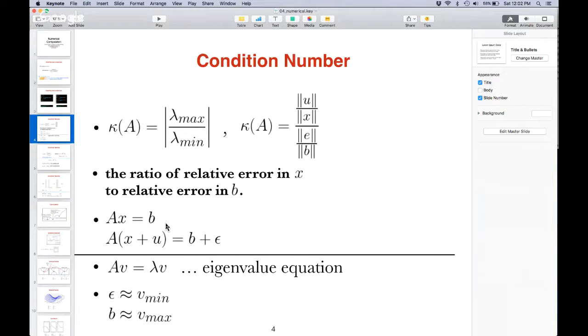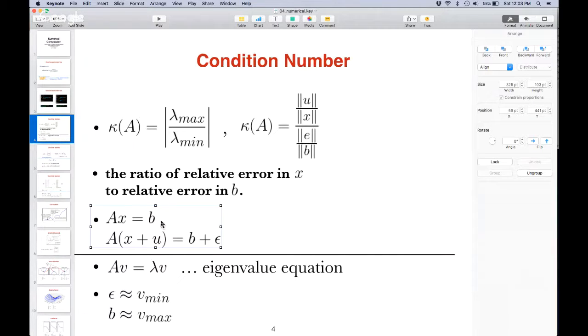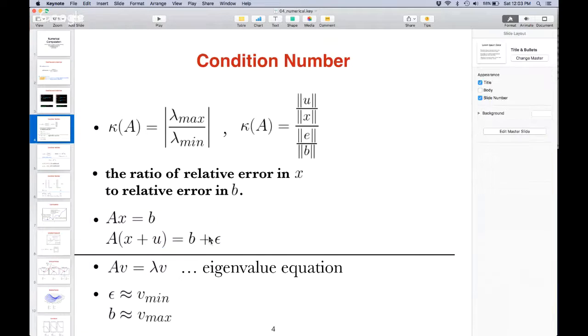So for the perfect case, you have Ax equals b, and x is the solution to b. But you will never be able to get b with 100% accuracy. You will always have this epsilon. And how is this epsilon going to transfer into your unknown solution vector? This is what you care about, and you want to have an estimate of this error that's going to get into your unknown vector. And I can do this in class.